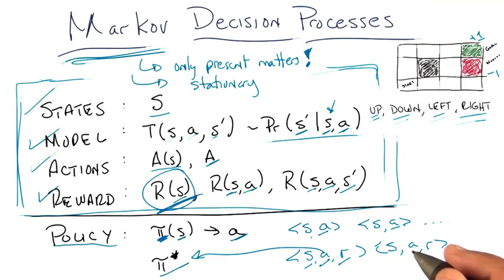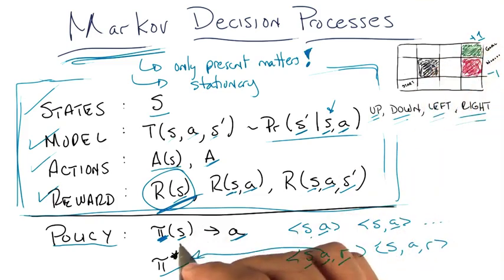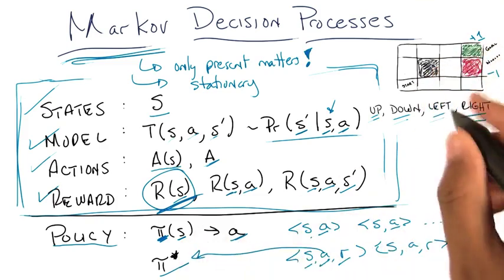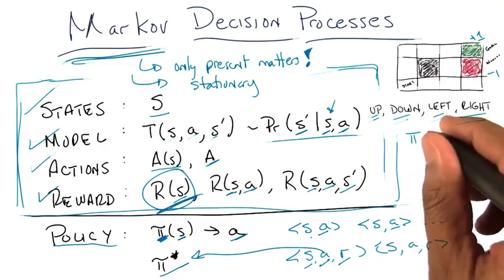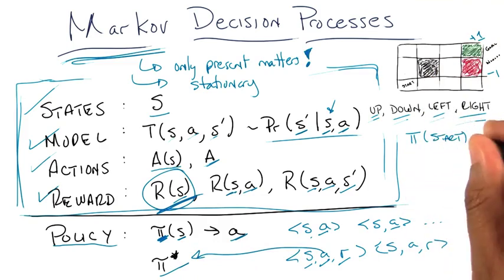Gotcha. Right. But I'm a little confused about this notion of a policy. The thing we tried to do to get to the goal was up, up, right, right, right. I don't see how to capture that as a policy. It's actually fairly straightforward. What a policy would say is, what state are you in? Tell me what action you should take. So the policy basically is this: when you're in the start state, the action you should take is up.